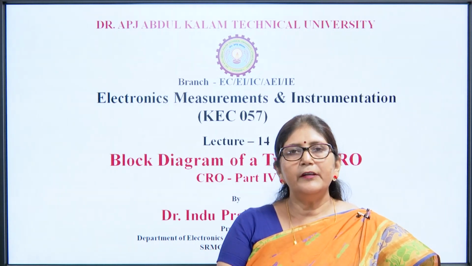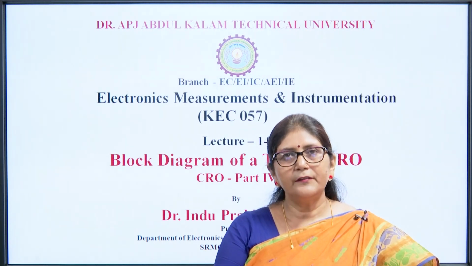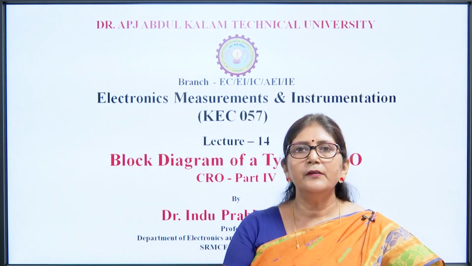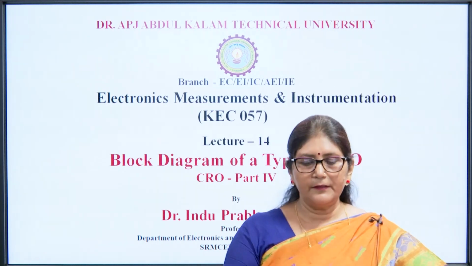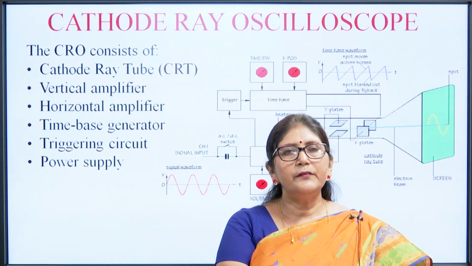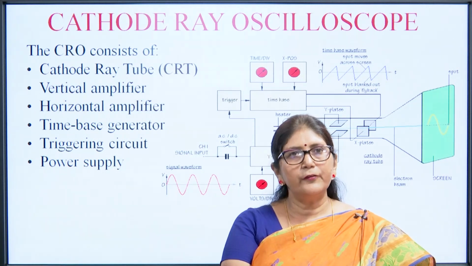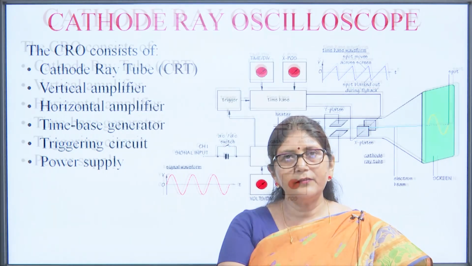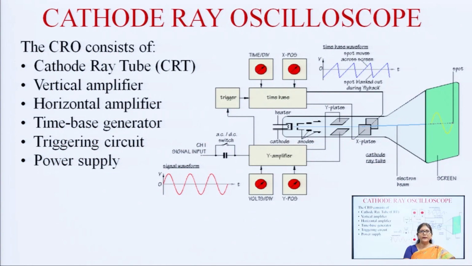In this lecture I will discuss the block diagram of the CRO, that is, except the CRT, we will discuss all the blocks in the CRO. So, the CRO consists of the CRT (cathode ray tube), vertical deflection system, horizontal deflection system, time base generator, trigger circuit and power supply.